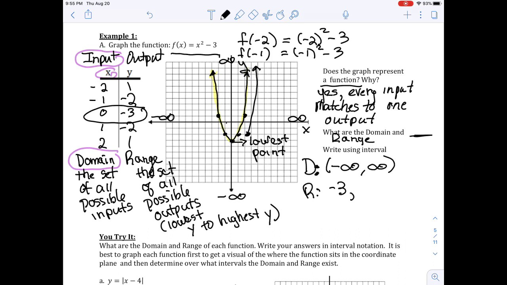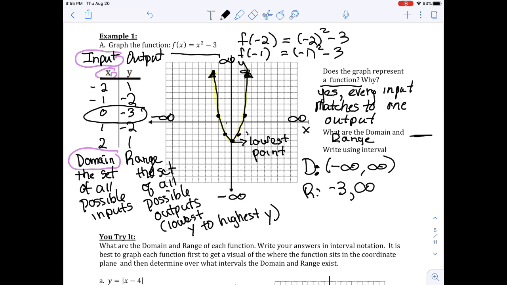So lowest to highest, so your eyes are tracking up. So that's infinity, because those arrows on your graph indicate that the graph keeps on going. That parabola, that U-shaped curve, keeps on going. So from the lowest, -3, to the highest.